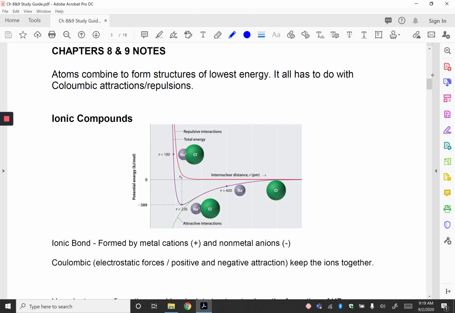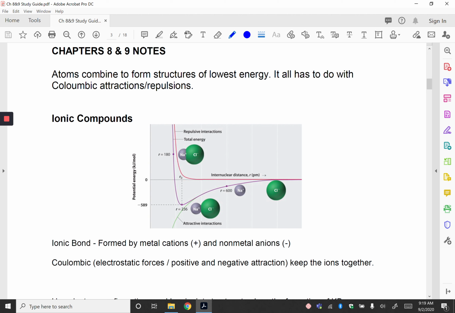If you look, we have three different scenarios here. Here, the two ions are really close to each other. Here, they're really far away from each other. And here, they're kind of in the middle, right? We have some attractive forces happening because one is positive, one is negative, so obviously they're going to attract each other.